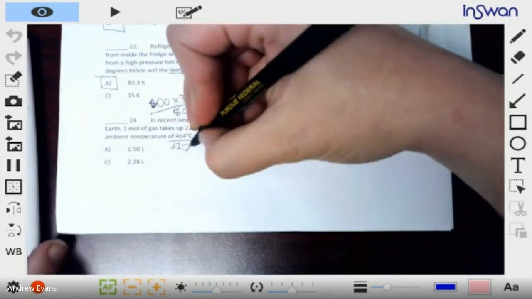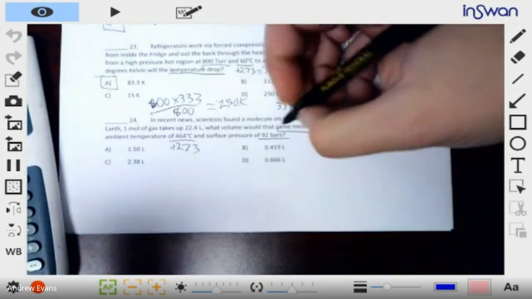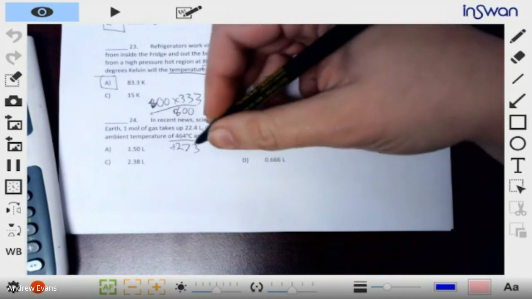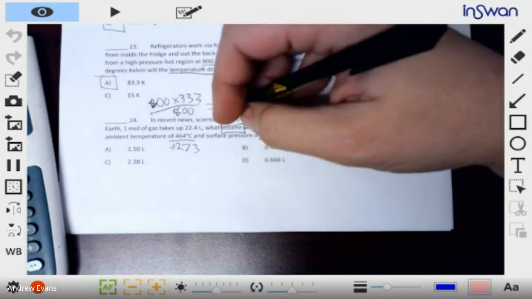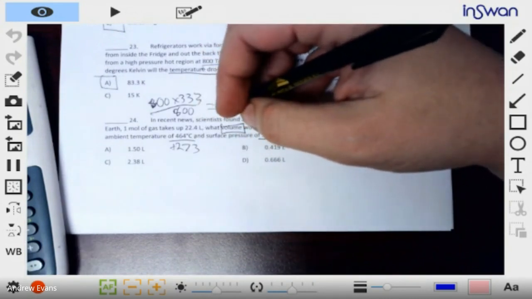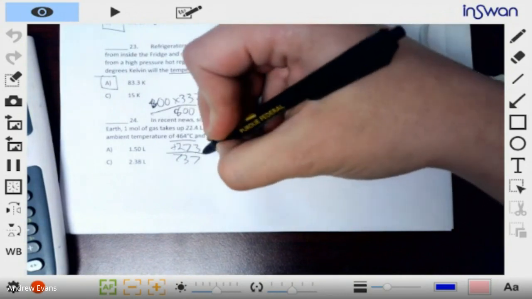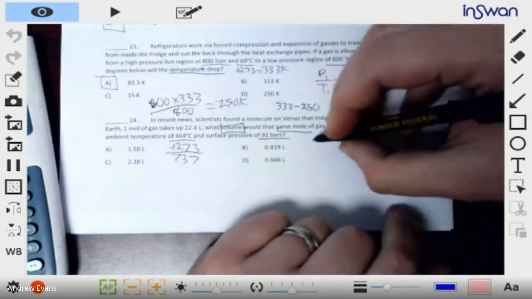So this one is just PV equals nRT. We want volume. We're given moles, temperature, and pressure. So we're given 3 of the 4 variables, and we're asked to find the fourth.